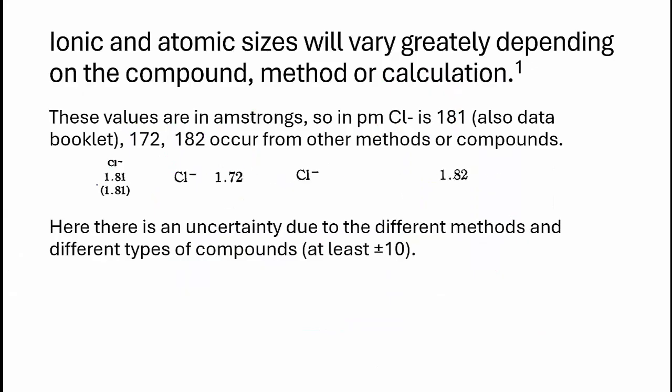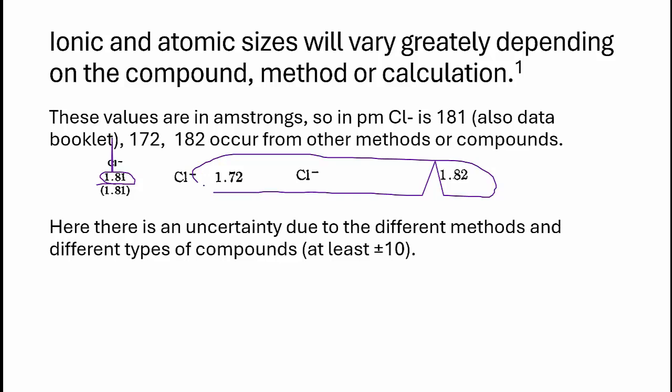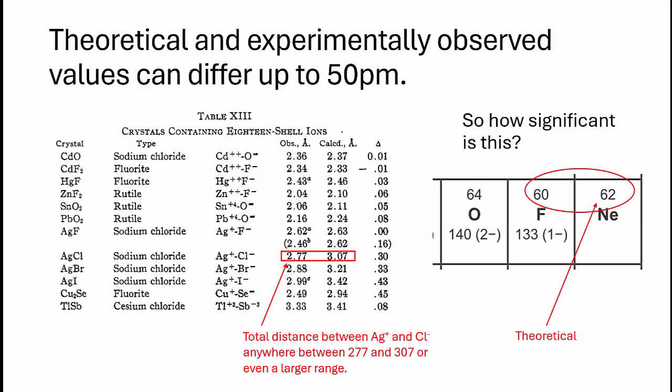The data booklet's gone for 1.81, but even within this one journal, there's quite a range. It's maybe a plus or minus 10 if you're going for that value. There are differences in the types of compounds, in the methods, and the calculations. There are theoretical calculations, so within that journal you can see some huge differences, like 50.